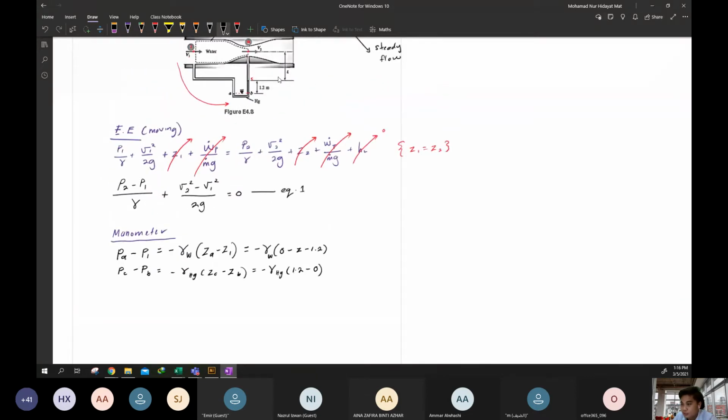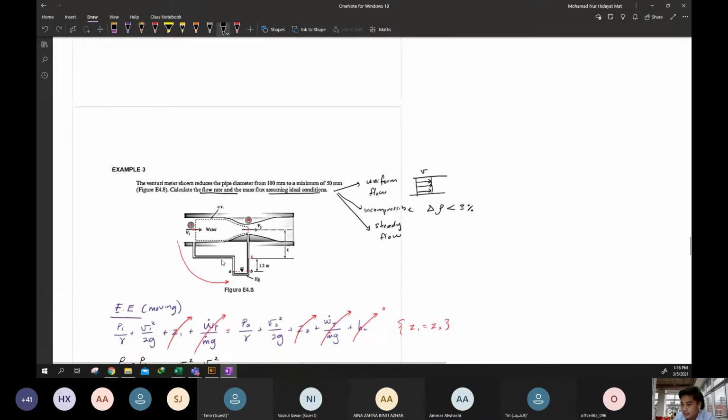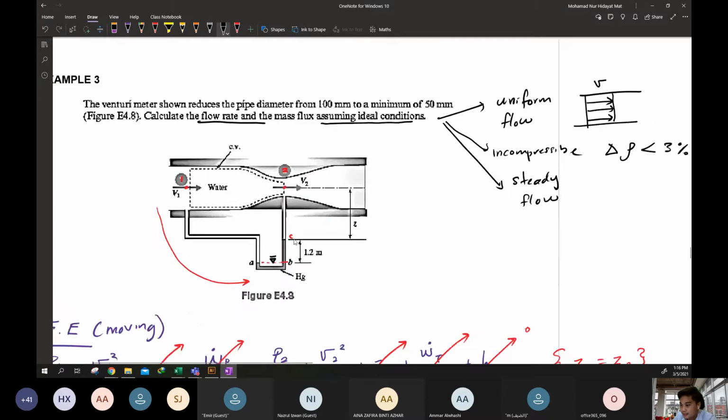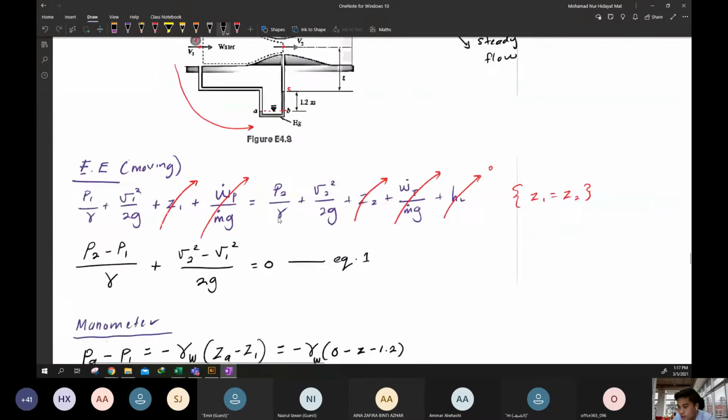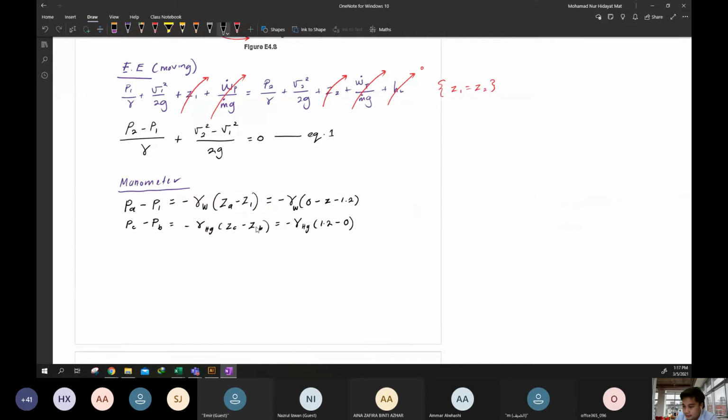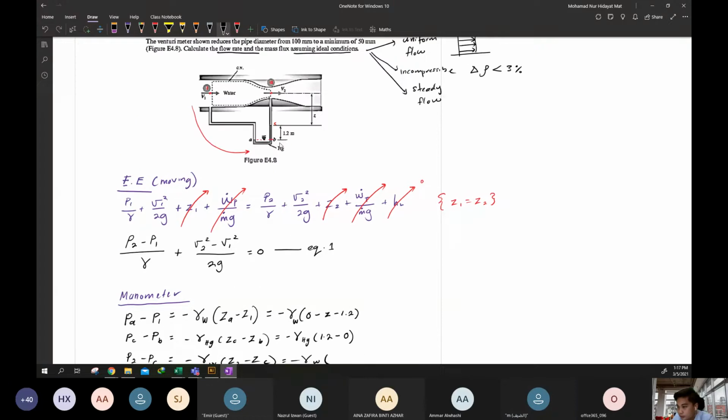From C to 2, okay, this line. From C to 2, so P_2 minus P_C equals negative gamma of water, Z_2 minus Z_C. Alright, Z_2, what's the value of Z_2?